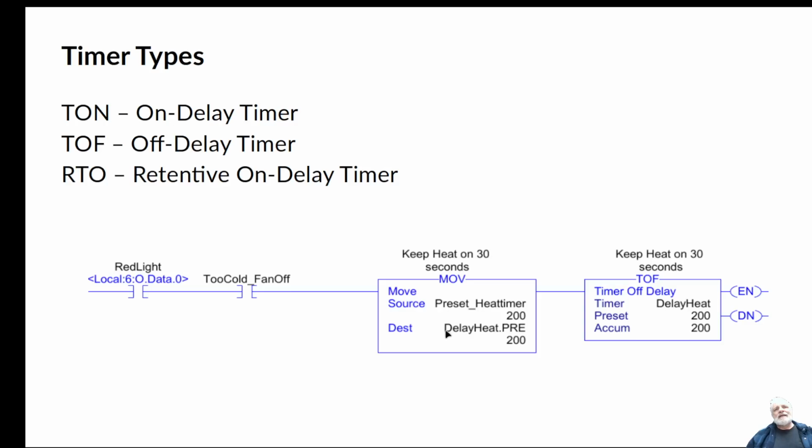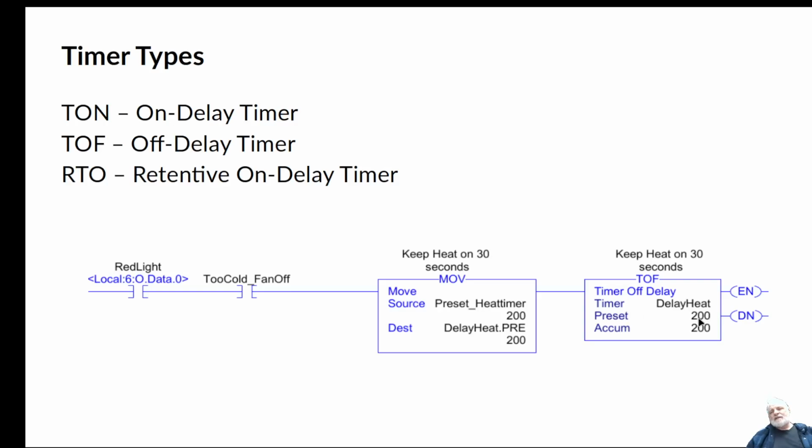The move statement, which we'll talk about a little bit later, what I did was I created a tag to set how long my timer is going to run, and then I move that into the preset tag for the timer on here. Now the reason I did this was because you cannot change this preset value.